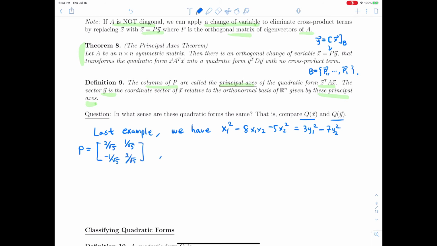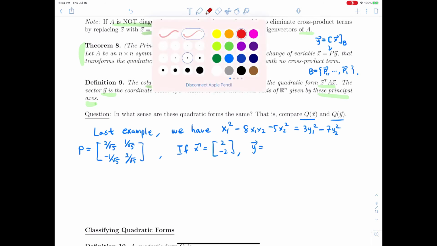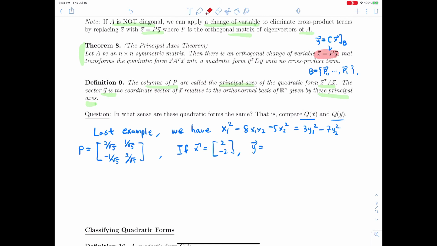And here, if you plug in x equals 2 and negative 2, then that gives you our vector y. We had x equals Py over here, so y should be the same as P inverse times x.